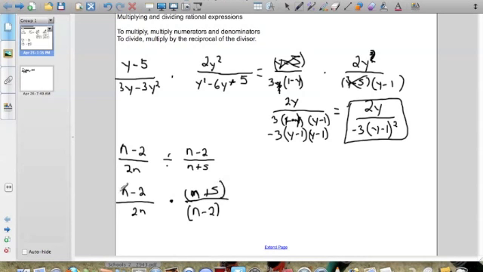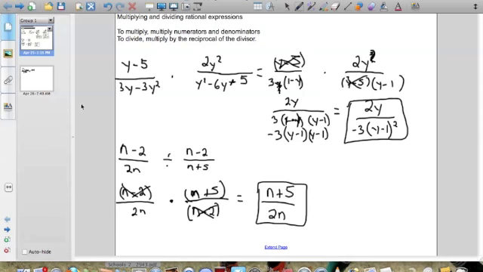These binomials are all together when it's addition or subtraction. But n minus 2 can divide n minus 2 and become 1. So what we end up with here is n plus 5 on top in the numerator, and in the denominator we have 2n. And that is as simple as it gets. I can't cancel out the n's because addition or subtraction is involved.